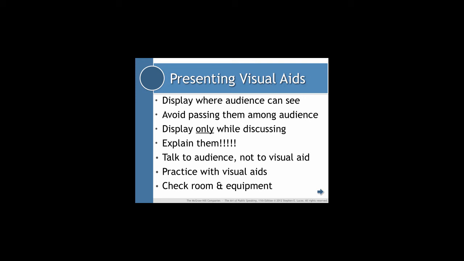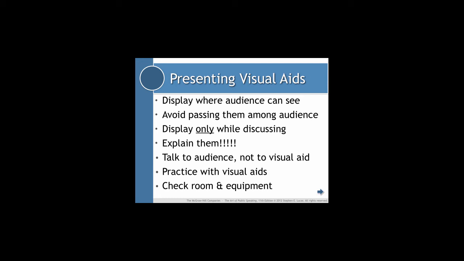Another good idea is to keep your visual aids out of sight of the audience until you're ready to discuss them. And I will show you in class how to turn on and off the projector light so that you can set up a slideshow or a video or something, but it's not just sitting there on the projector while you're talking until you're ready to turn it on and show it to the audience.